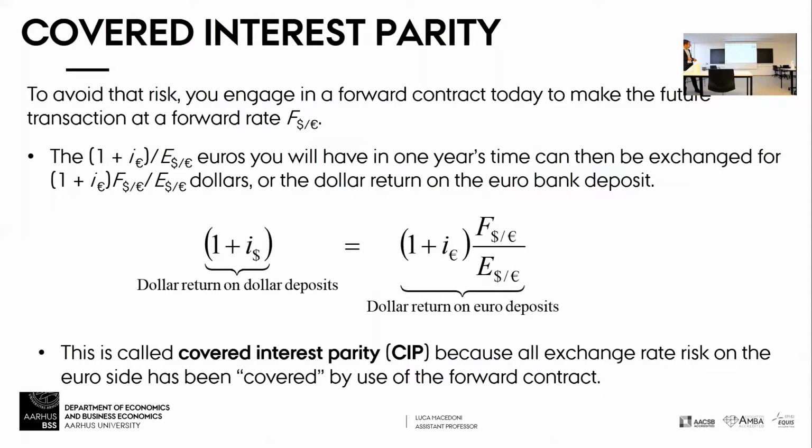If instead the right-hand side is larger than the left-hand side, you're going to buy euros. If people buy both assets, it must mean that the returns of the two assets are identical. Okay? Otherwise, you arbitrage your way. If this is larger than this, you borrow in euros and invest in dollars, and vice versa.